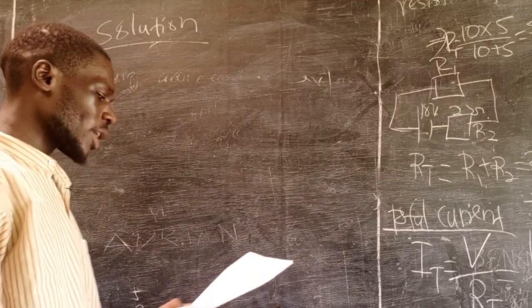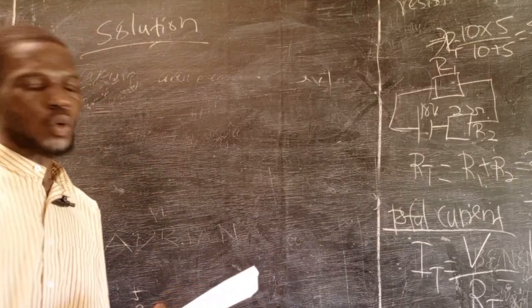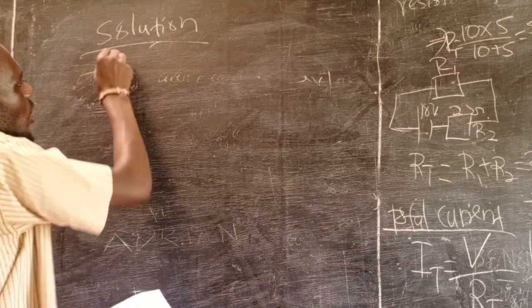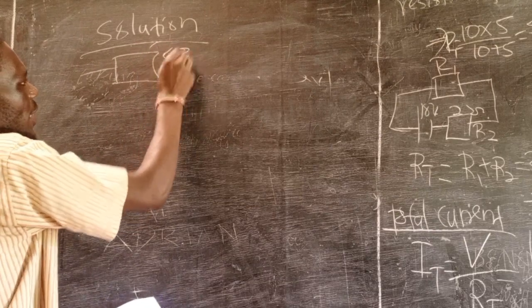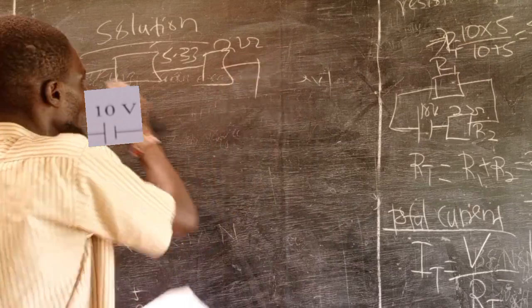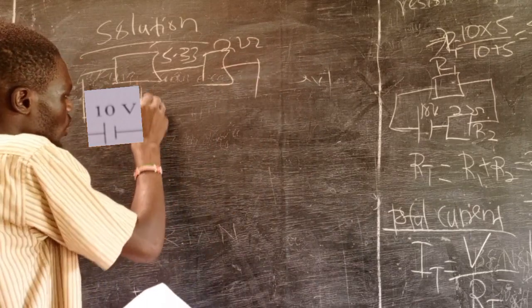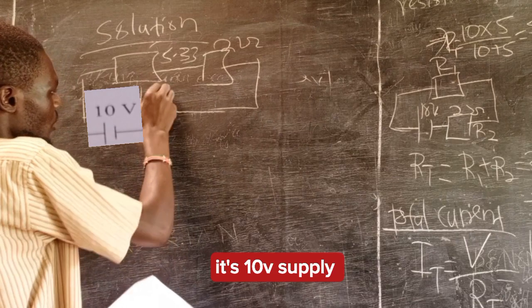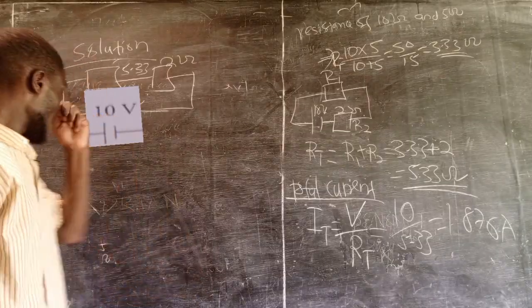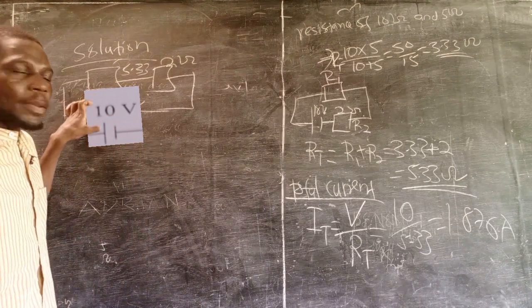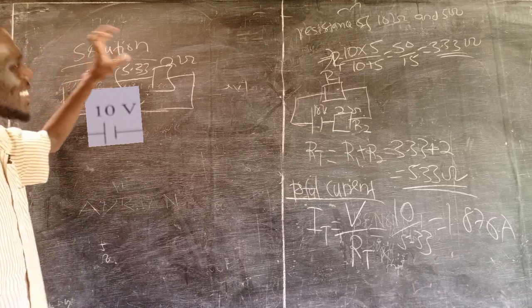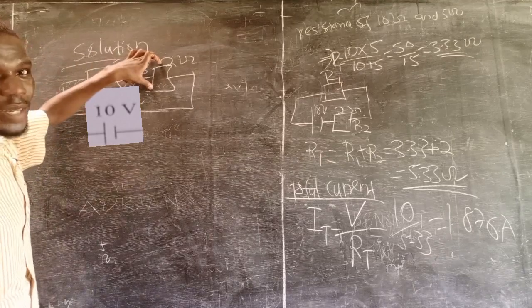Now, in Roman 3, we are asked to find the voltage across the 2 ohm resistor. We had 5.33 ohms connected in series with the 2 ohm resistor, connected to the 10 volts supply. One thing you should understand: the total current from the supply is the same current that goes through the 5.33 ohm and through the 2 ohm resistor.